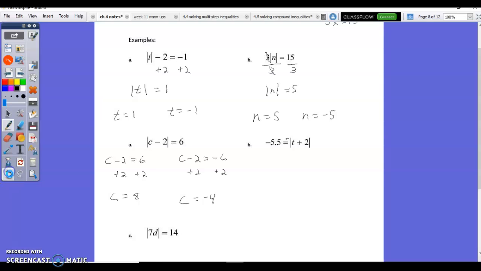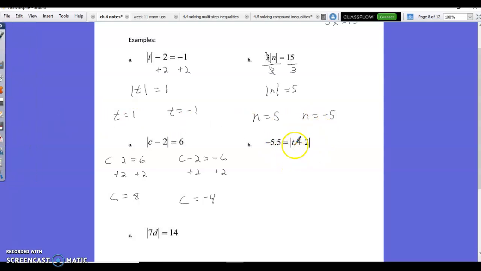So the fact that our absolute value is by itself and it equals a negative number, this would be no solution. All right, so we would just drop it there. We wouldn't have to do any more of that problem.